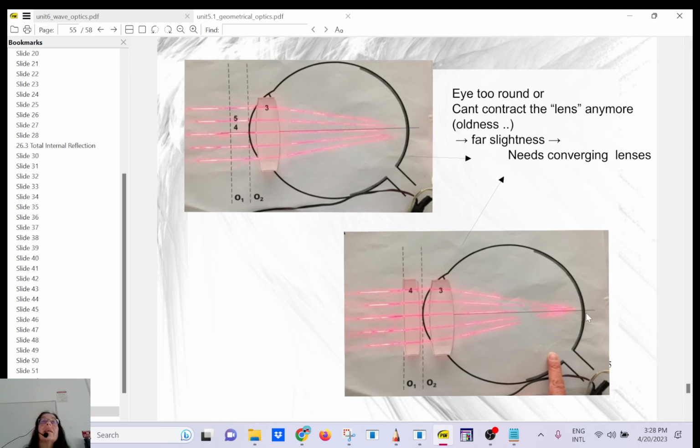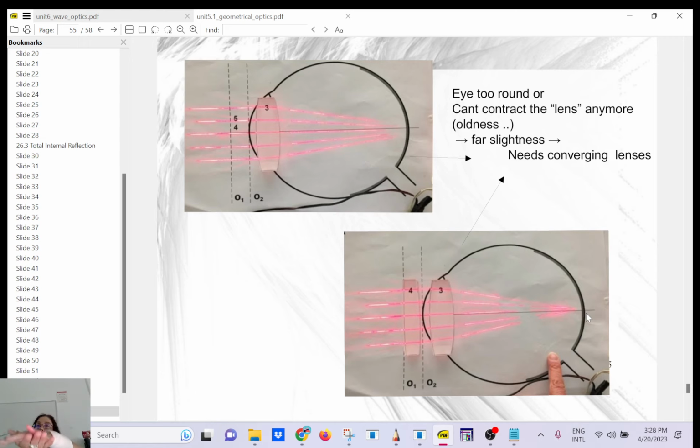Far-sighted is when you can see far but not close. That means your eye, if you are young, is too squeezed. It's the opposite of when you are short-sighted.